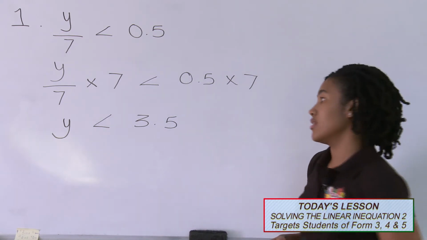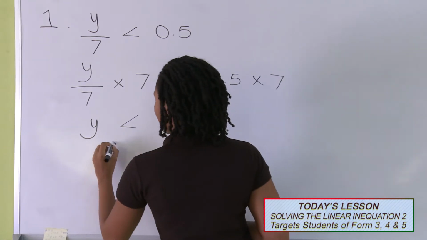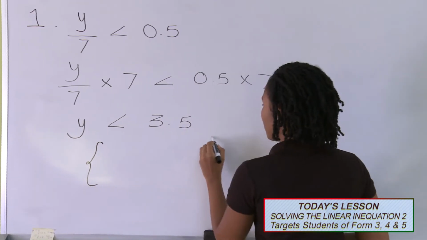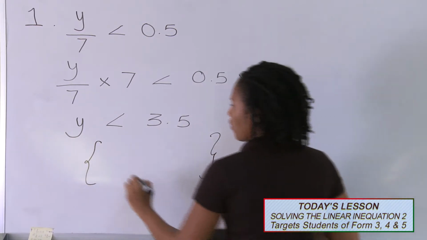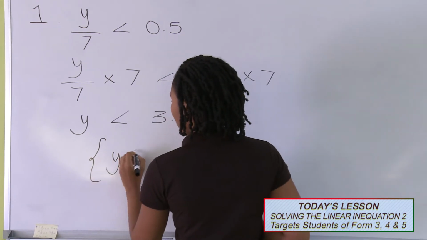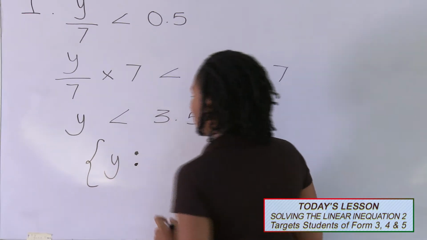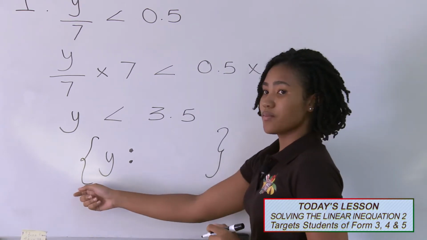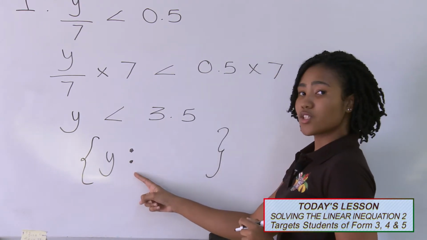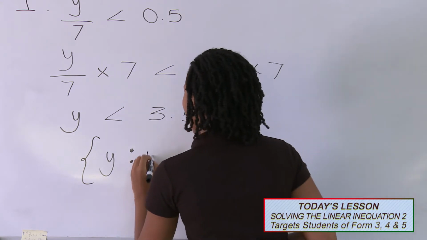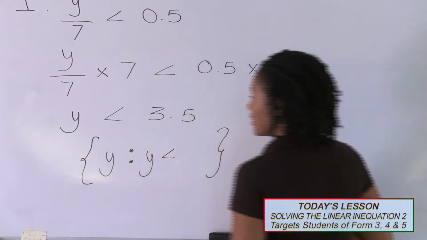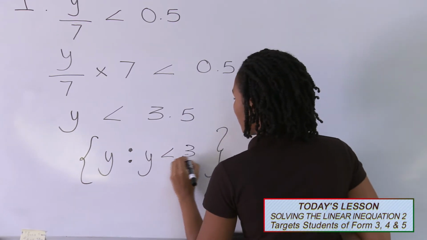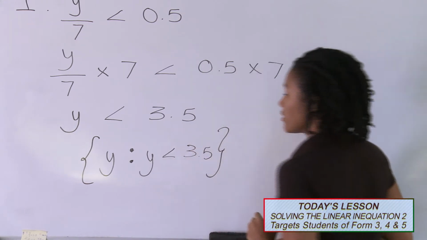Therefore, our answer is the set y such that, and such that is represented by the colon. So the set of y such that y is less than 3.5.